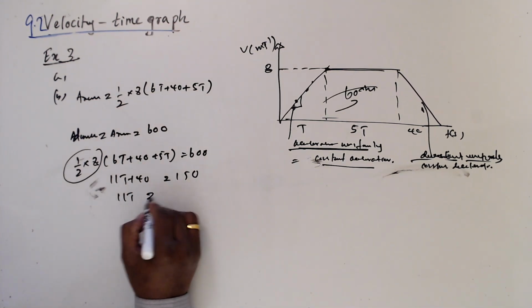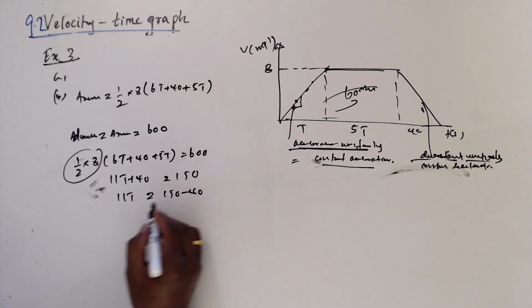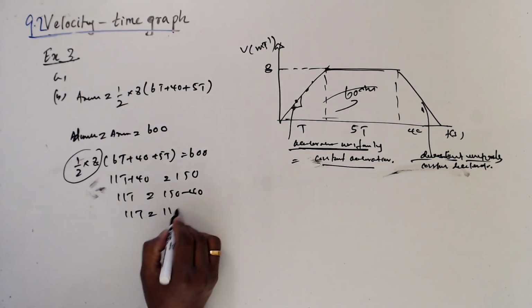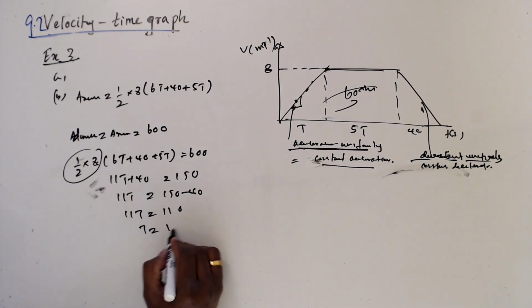So 11t equals 150 minus 40, so 11t equals 110, so t equals 10.